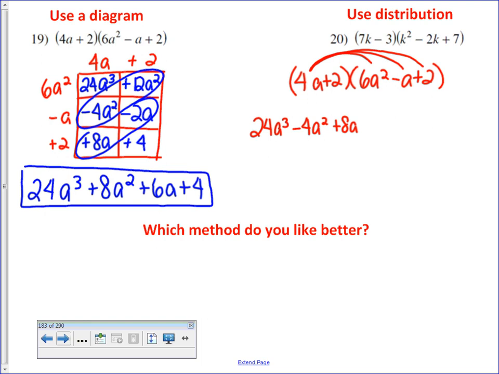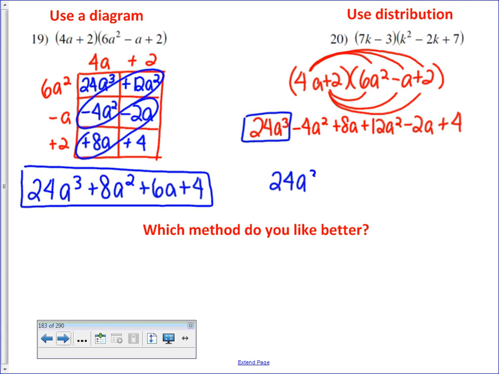Now I have to do the same thing with the positive 2. 2 times 6a squared is plus 12a squared. Positive 2 times a negative a is negative 2a. And a positive 2 times a positive 2 is plus 4. Now I need to combine all of my like terms. So my first term here, 24a cubed, is all by itself.